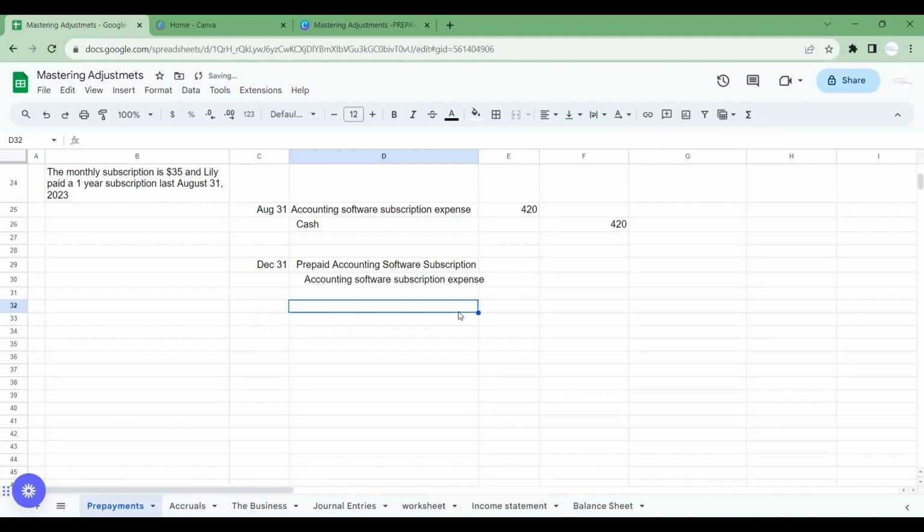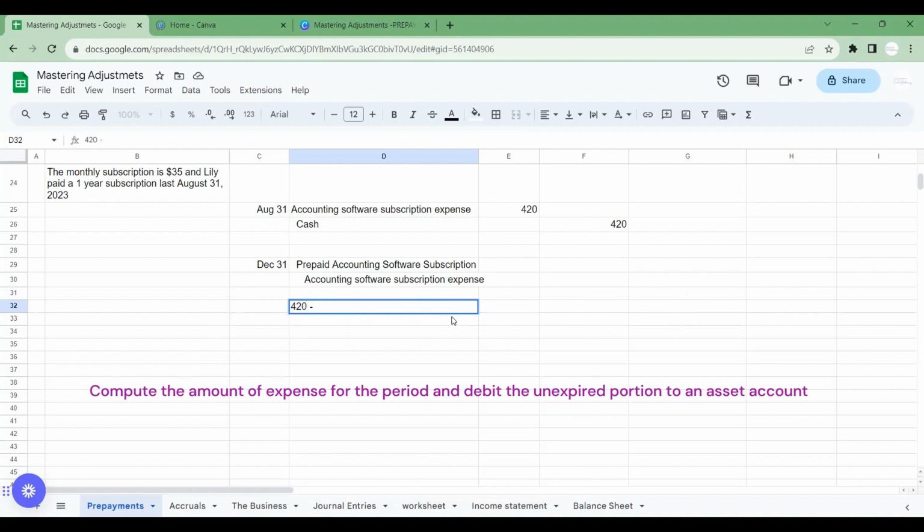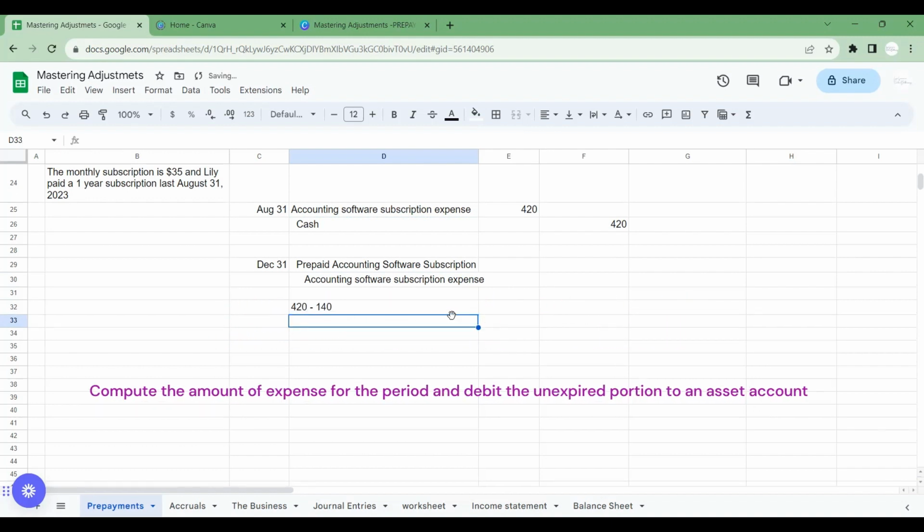So how much would that be? That would be 420 minus the amount of expense, which is 140, right? 420 minus 140.